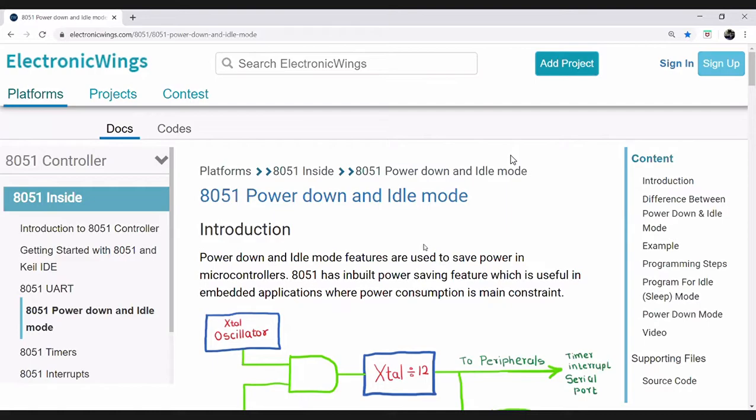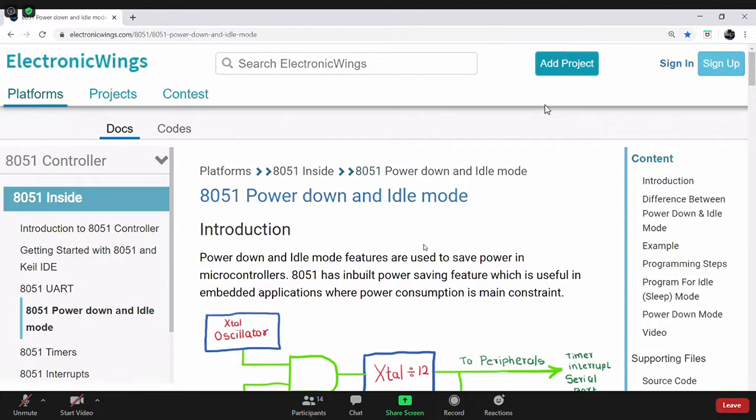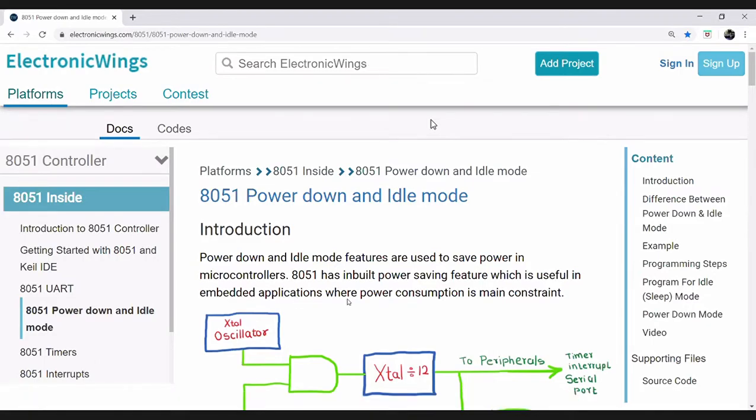So coming back to our microcontroller 8051. This microcontroller has inbuilt power saving features, which is useful in embedded applications where power consumption is the main constraint.